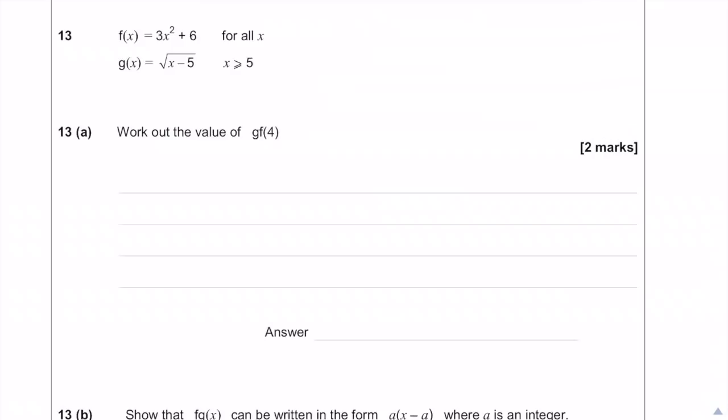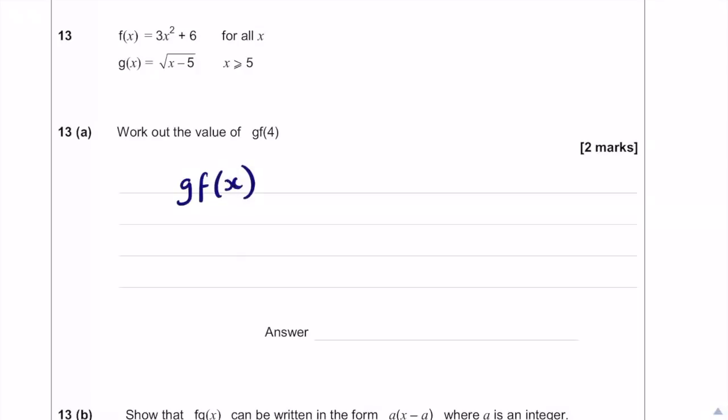Question 13. Function f of x is equal to 3x squared plus 6 for all values of x. Function g of x is equal to the square root of x minus 5, where x is greater than or equal to 5. We've got to work out the value of the composite function gf of 4. So what we need to do first is work out the composite function g of f of x.